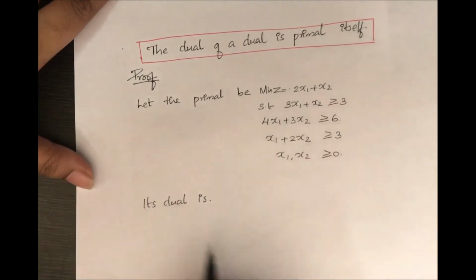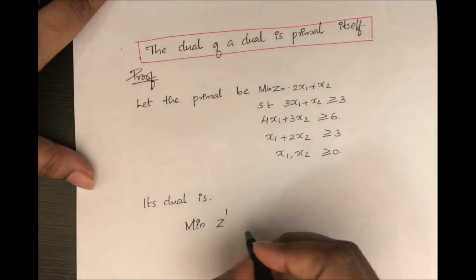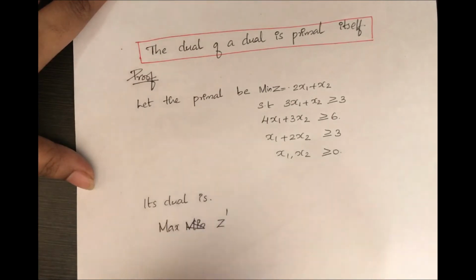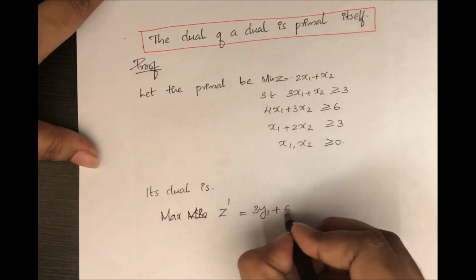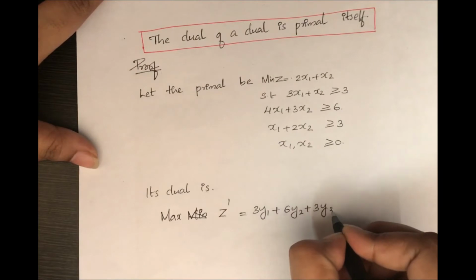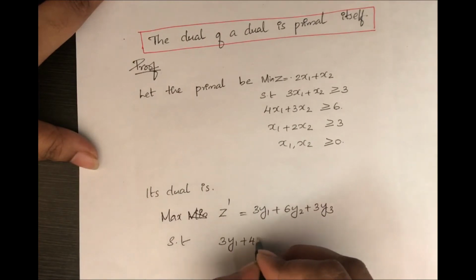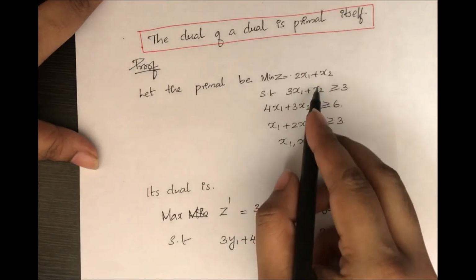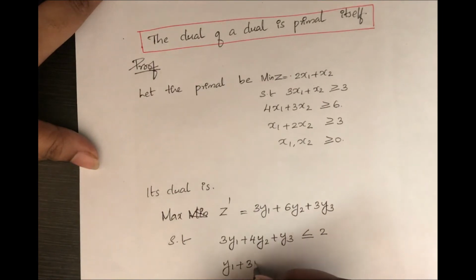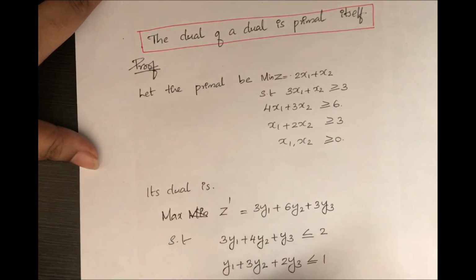I am going to write its dual. Dual equal to maximize z dash equal to 3y1 plus 6y2 plus 3y3 subject to, for x1, 3y1 plus 4y2 plus y3 less than or equal to 2, and next, for x2, y1 plus 3y2 plus 2y3 less than or equal to 1, y1, y2, y3 greater than or equal to 0.